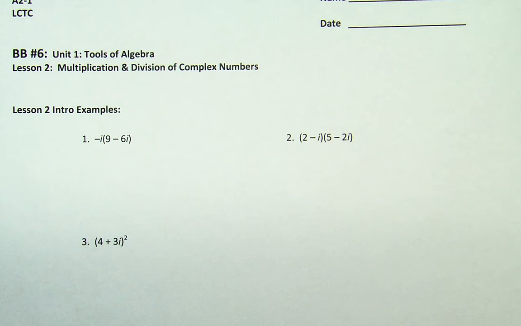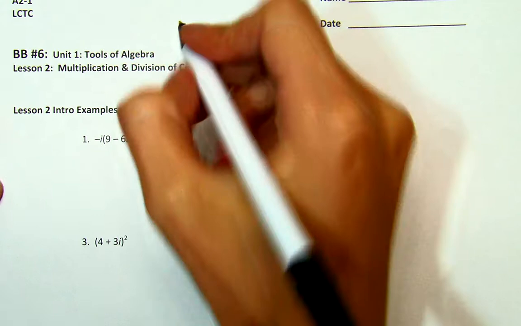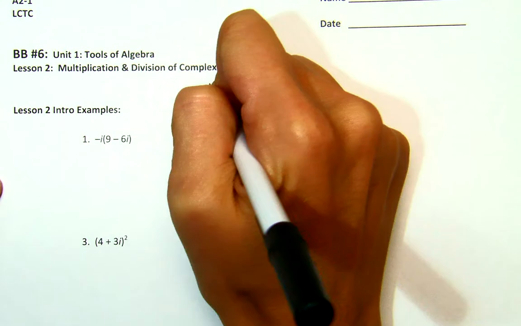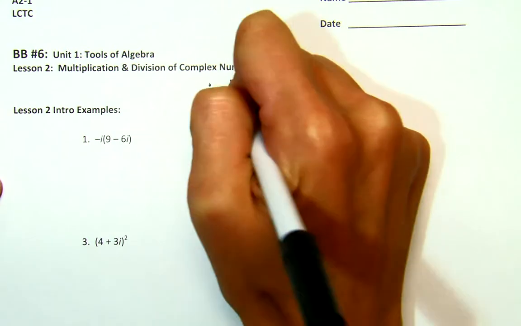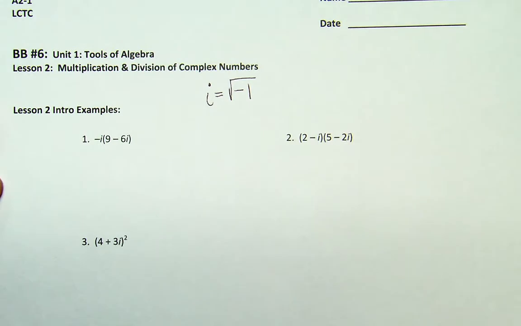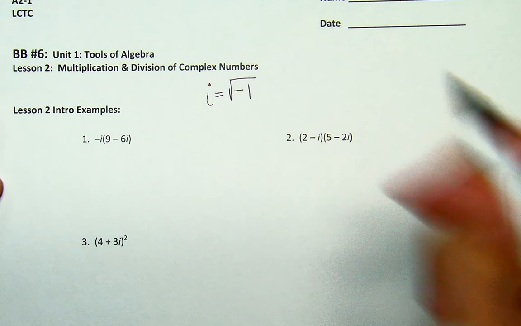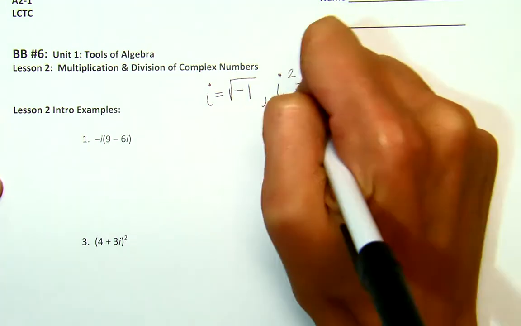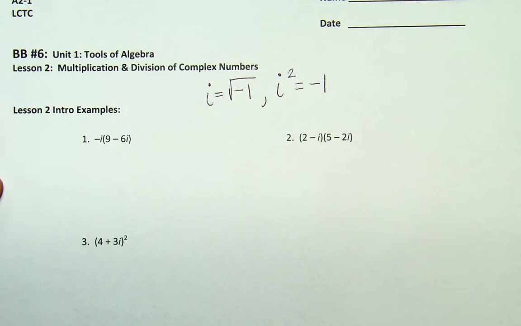To remember back to lesson 1, we talked about the imaginary unit i, and that it was equal to the square root of -1. We also talked about in lesson 1, the imaginary unit i, if we square it, we get the real value, -1.